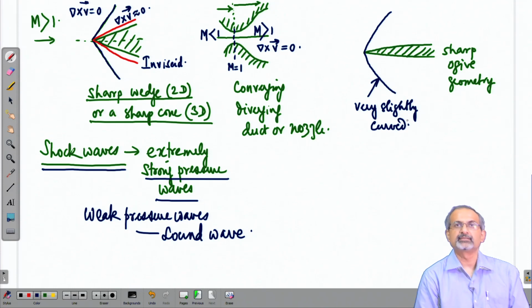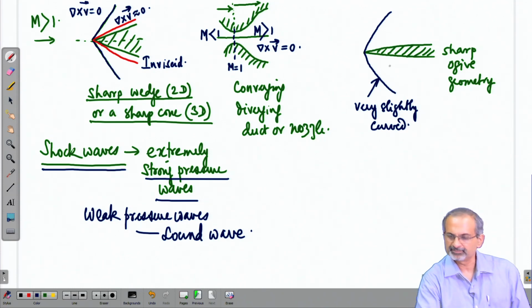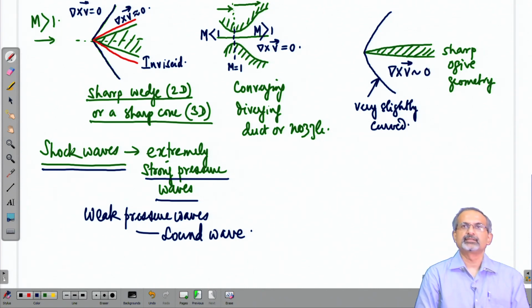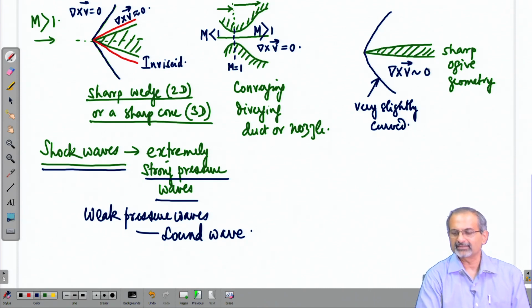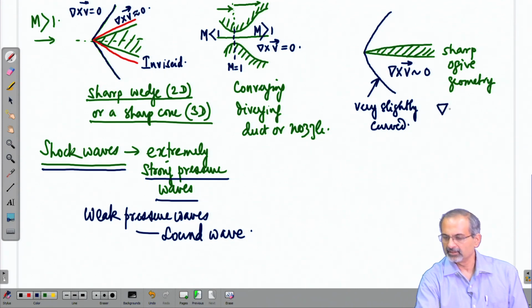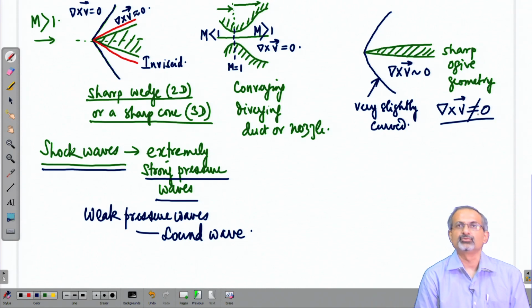As long as it is very slightly curved, curl of the velocity vector beyond the shock is still close to 0, but as it becomes more and more curved, the curl of the velocity vector will become unequal to 0.